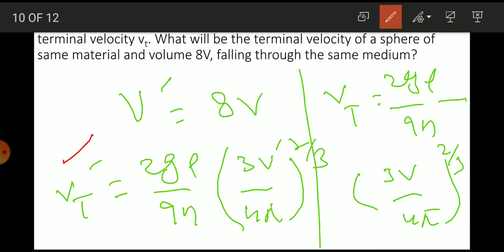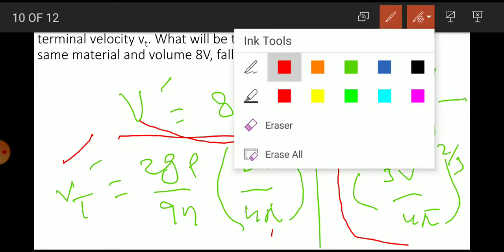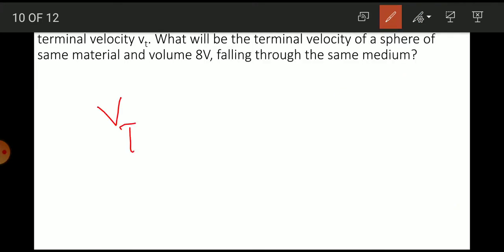This is Vt prime, and this is the value of Vt before, and after the change in volume, when this condition is applied, it will become like this. So put the value of V prime in V terminal and simplify, and then you will get the final result. After simplification you will get that when volume increases 4 times, the terminal velocity will increase 4 times.